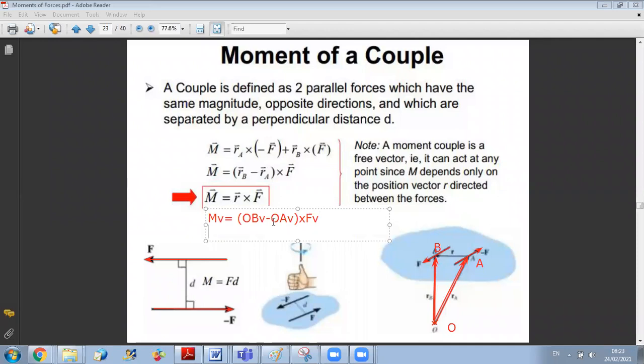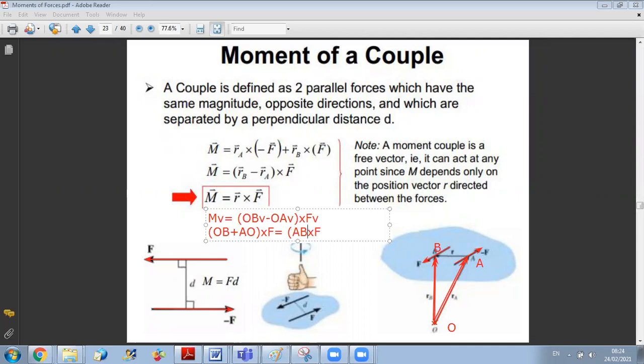You know this characteristic of vector addition. So when I add the two vectors like this, it will give me AB, because AO plus OB is the AB vector. So it's AB vector vectorial F.